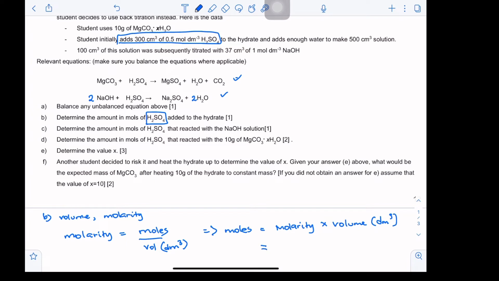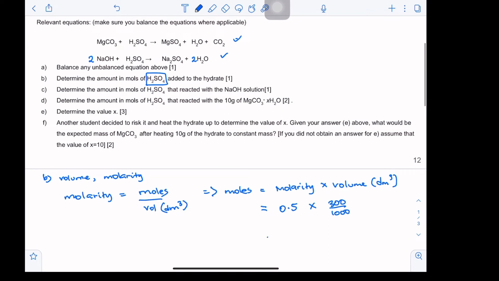Our molarity is given as 0.5, and our volume in dm cubed is 300 over 1000. So the moles, therefore, will be 0.15 moles of H2SO4.